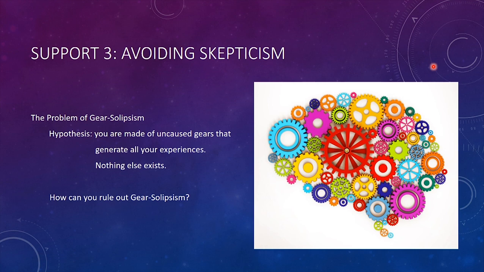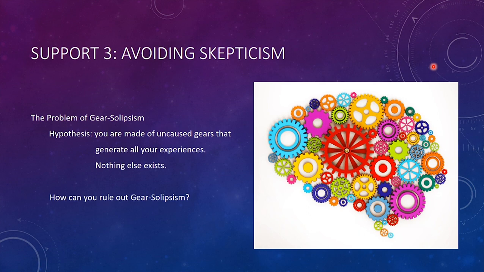The question is, how do you rule out gear solipsism? Now, if you're like me, assuming that I'm real over here, gear solipsism strikes you as absurd. Okay, but what justifies the absurdity? How do you rule out gear solipsism? Now, there are different ways that you might try to respond to gear solipsism.